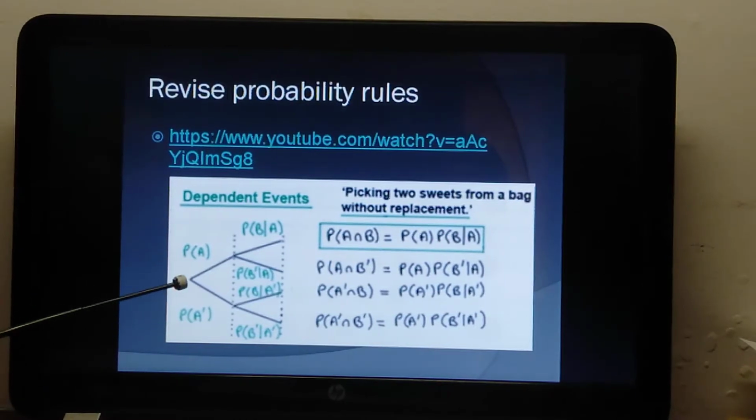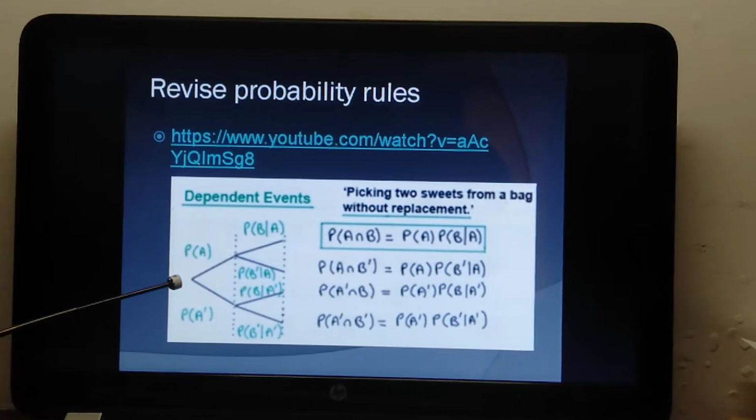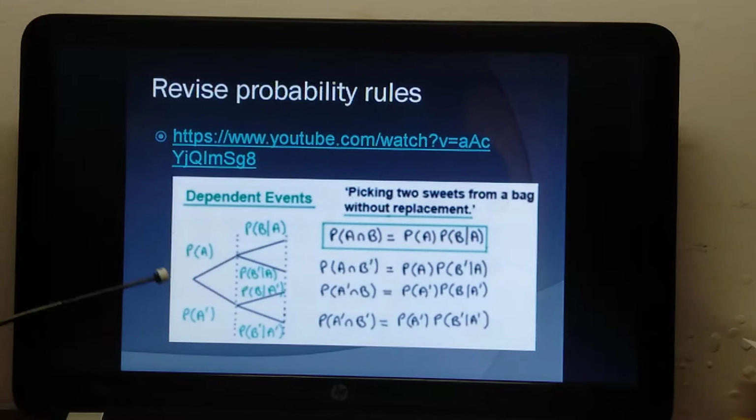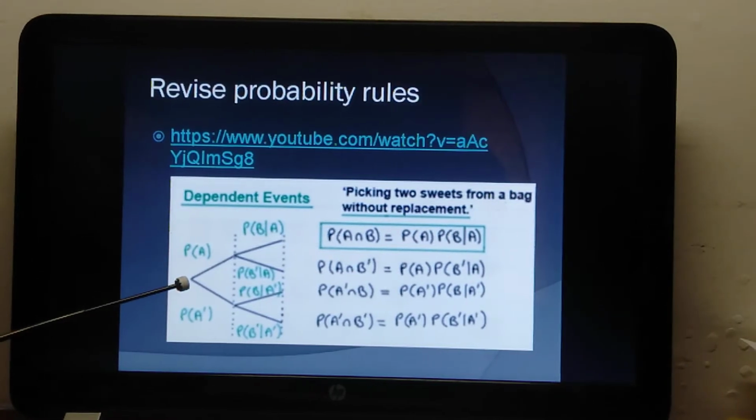Now if we are starting with without replacement, say that we have got 2 types of sweets, A and B. When we begin, let's say that we picked out one sweet.